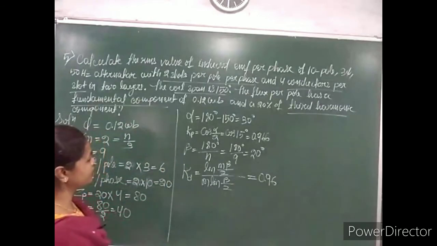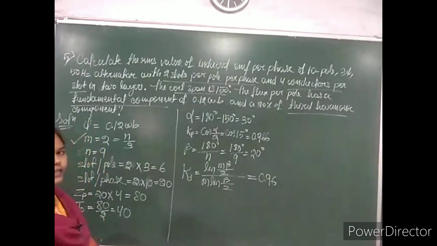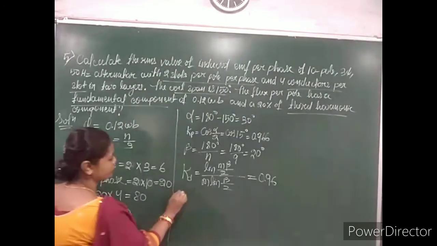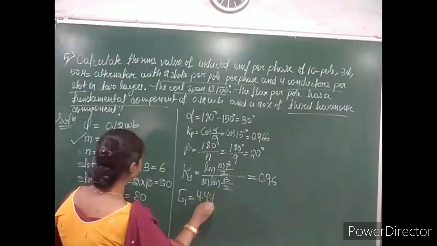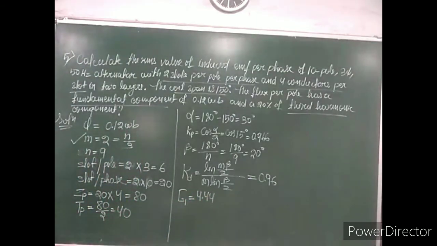Now all the parameters we have calculated for finding the fundamental component of generated EMF per phase. Frequency is not given? Yes, it is given, 50 Hz.